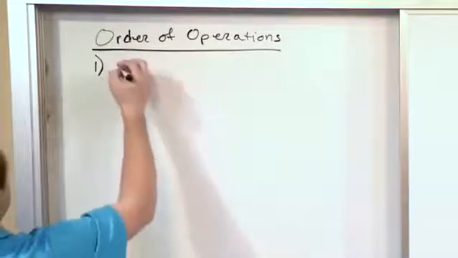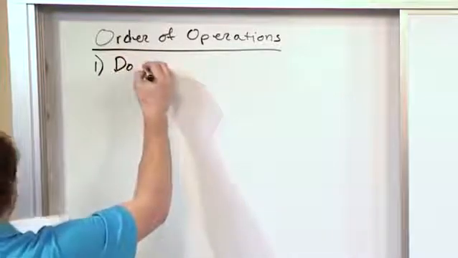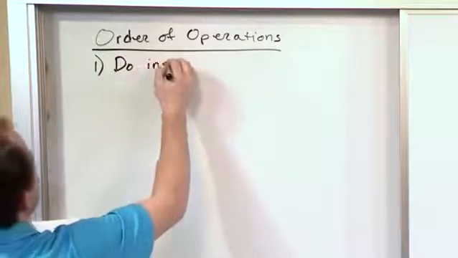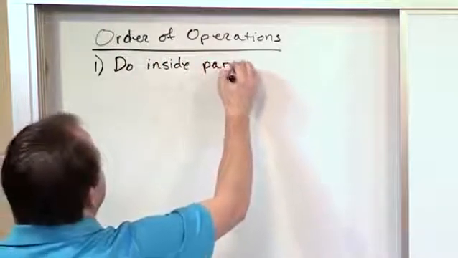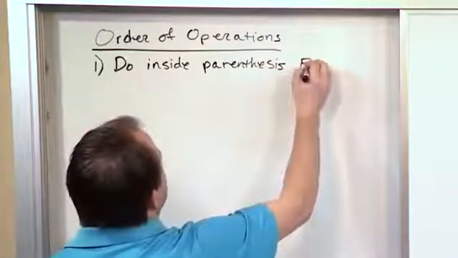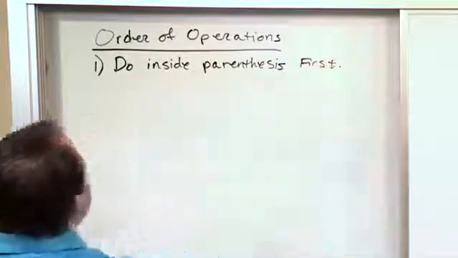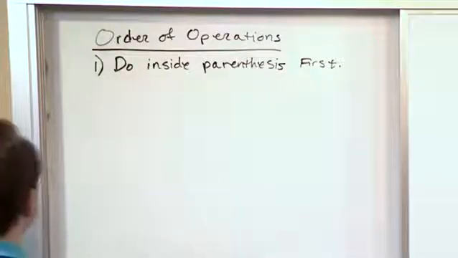I'll get to that a little bit later, and we'll talk about it when we do our problems. But number one, you want to always do whatever is inside the parentheses first. Doesn't matter what else is happening in your problem. If you see any parentheses in your problem, you have to do what's inside of those first.